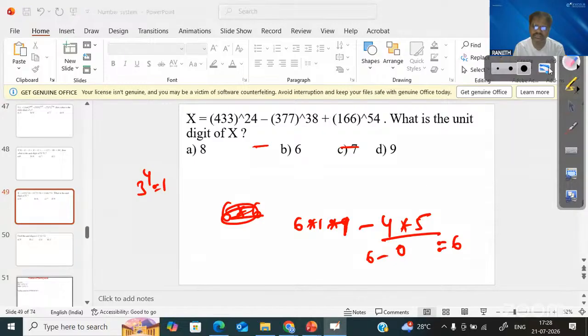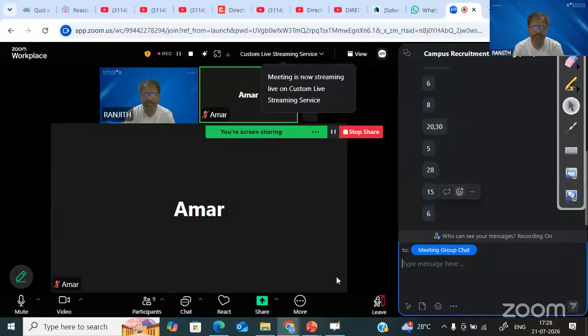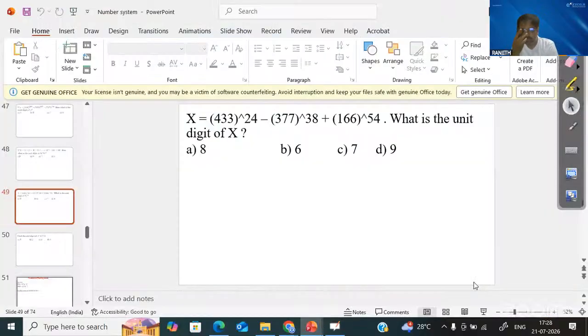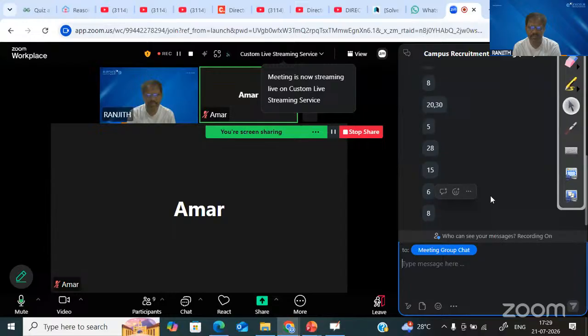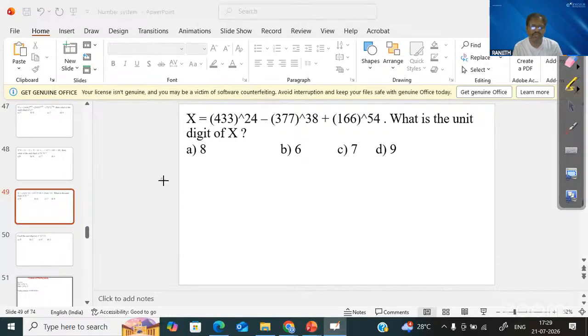So what is the answer for this one? The answer is 8. 3 power 24: the cycle is 3, 9, 7, 1, repeating after 4 steps. 7 power 30 divided by 4 leaves remainder 2, so that will be 7 square. 6 to any power is 6. 3 power 4 will be equal to 1, minus 9 plus 6.